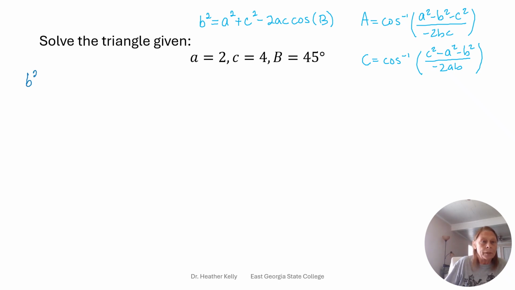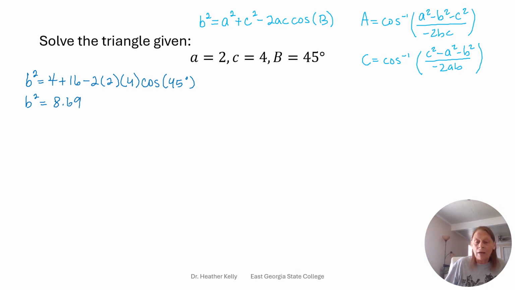So we need to find our B squared. B squared is equal to 4 plus 16 minus 2 times 4 cosine of 45 degrees. And that gives us B squared is equal to, and it's a long number because the cosine of 45 degrees is the square root of 2 over 2, so it isn't a rational number, and so it gives us 8, and I go out 2 decimal points, 8.69.